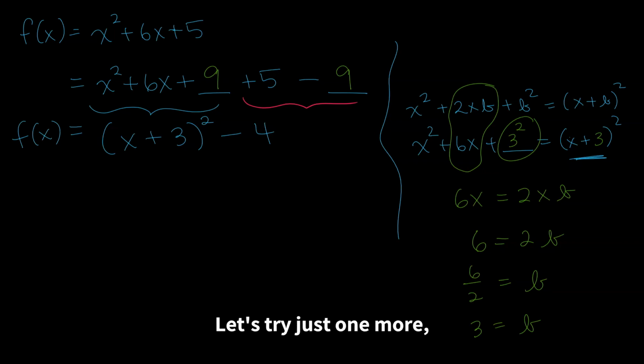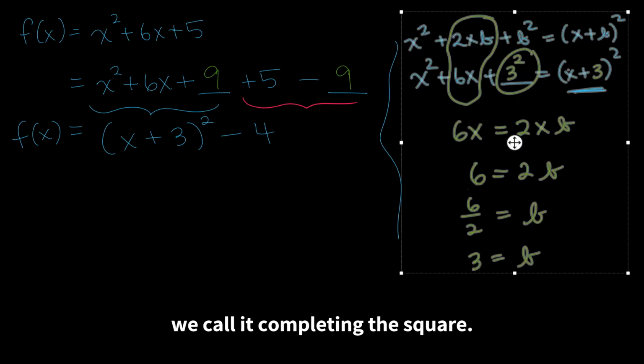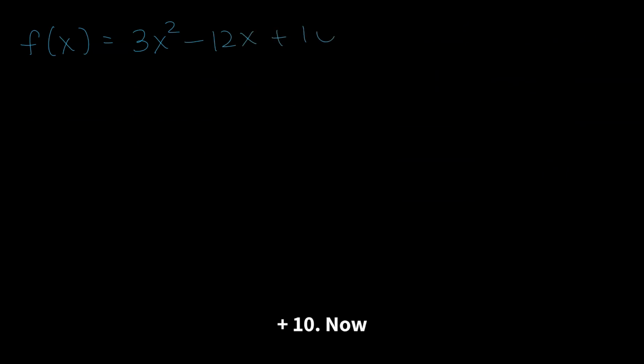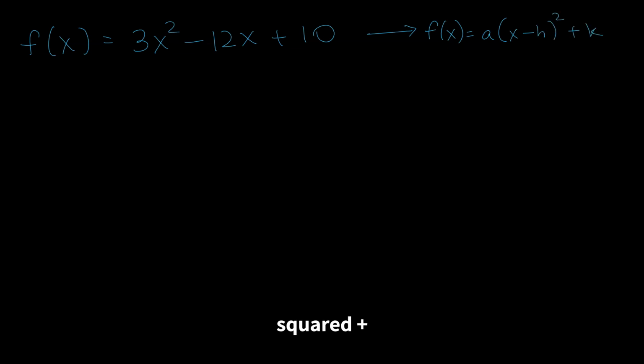Pretty cool. Let's try just one more, and then I'm going to show you why we call it completing the square. One more example. This time we'll have a negative in the middle. 3x squared minus 12x plus 10. Now remember, our goal is to get it into a(x minus h) squared plus k.